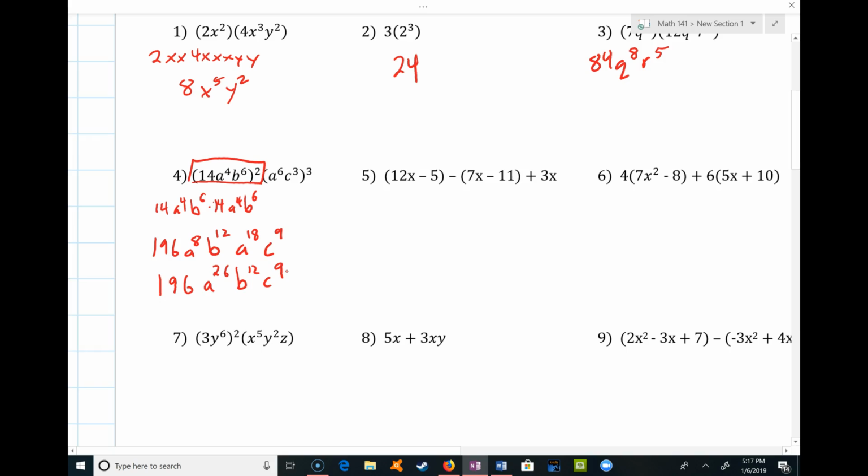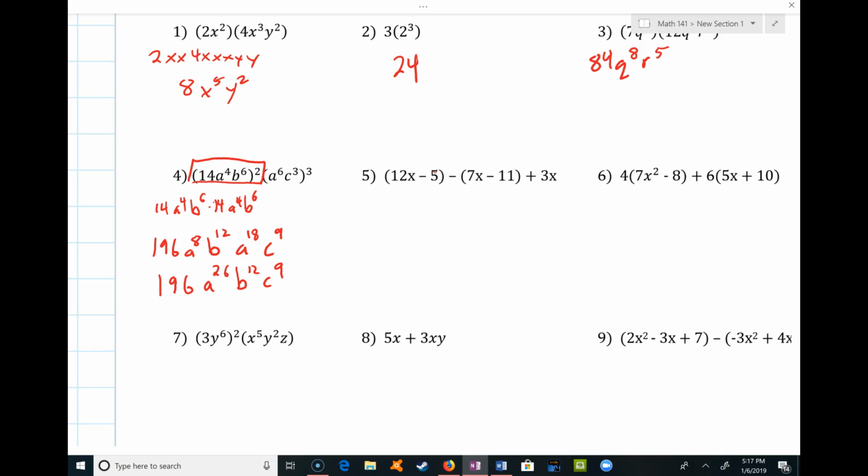Okay, now number 5 is a little bit different because it's no longer nothing but multiplication. So I have to be careful here, and we've got some parentheses also. Order of operations tells us we've got to do the stuff inside the parentheses first, but I can't add 12x and negative 5. That's not possible because they're not like terms. So I'm stuck unless I can get rid of the parentheses.